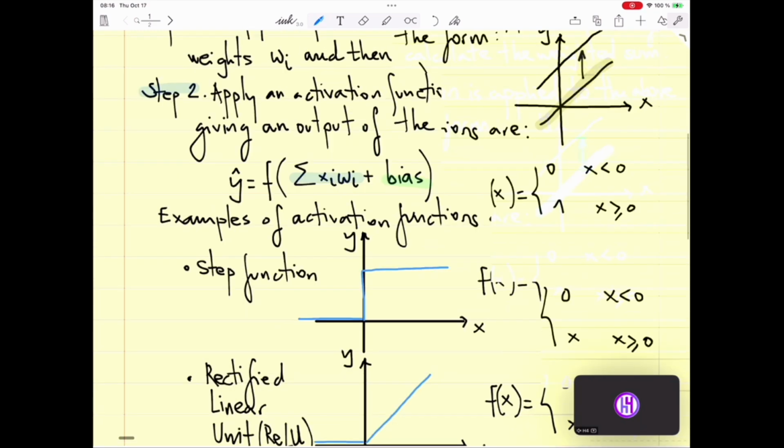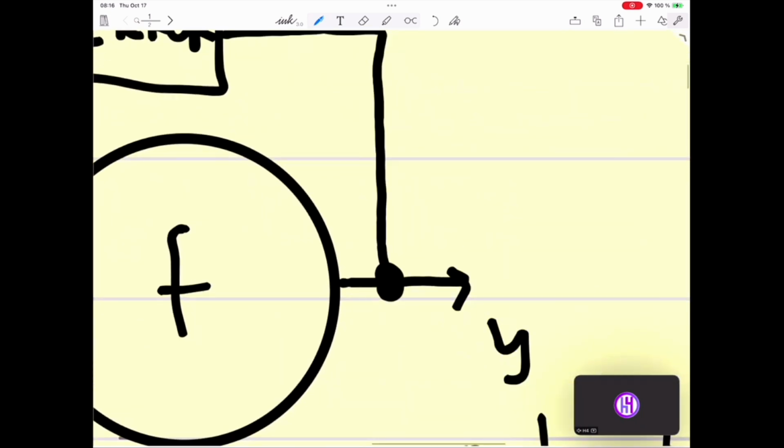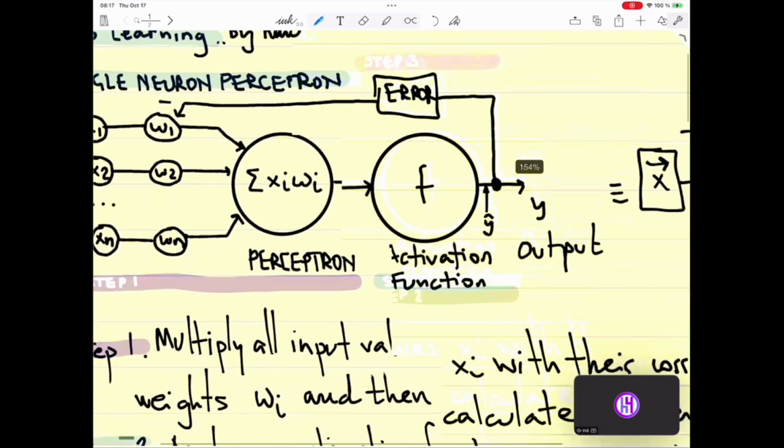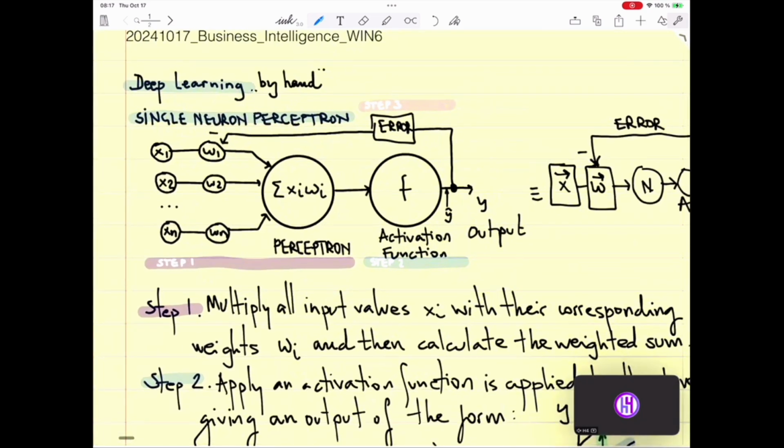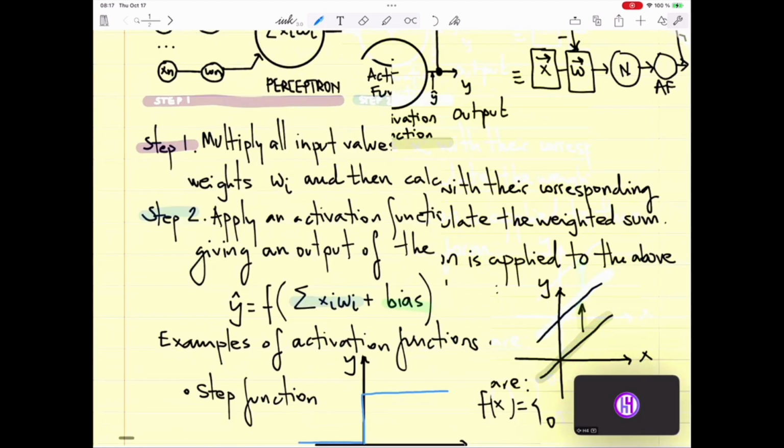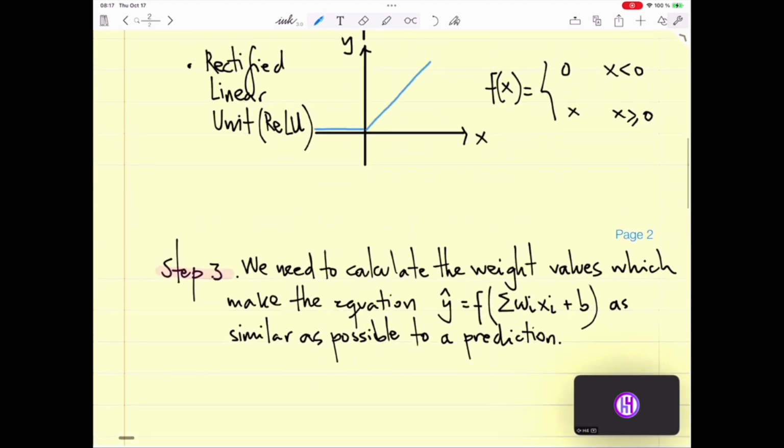One way to put it is that here you have your y with a star with a hat, and the goal is to make this y star and the y prediction as similar as possible. Okay.